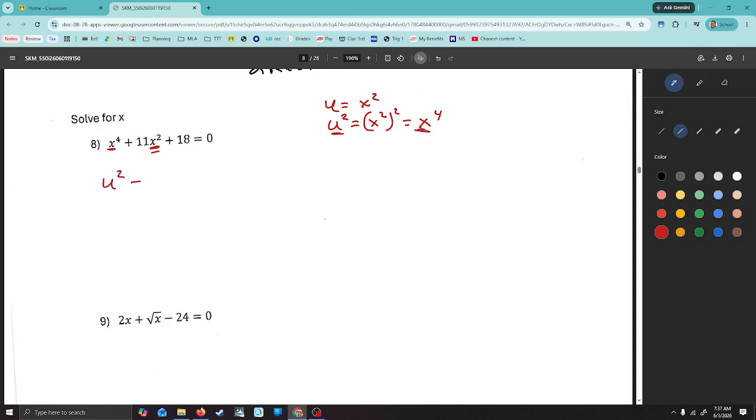So u squared plus 11. I see x squared. I can replace that with just u plus 18 equals 0. Now I can factor like normal. What multiplies to 18, that adds to 11? Not many things, but 9 and 2. So u plus 9 and u plus 2.